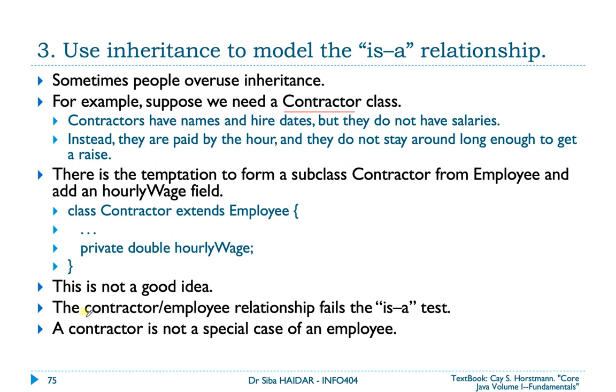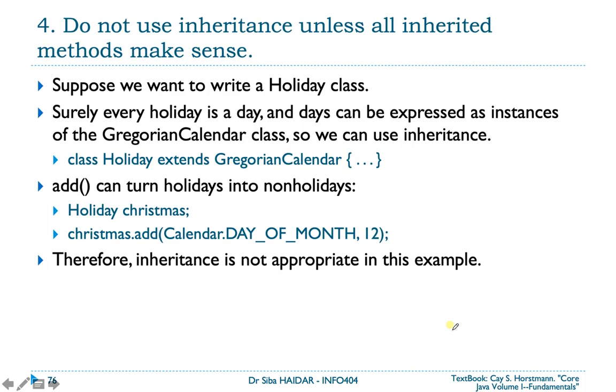The contractor-employee relationship fails the is-a test. If you ask whether a contractor is an employee, the answer is false. A contractor is not an employee. So you must remember this rule before being tempted to extend a class. A contractor is not a special case of an employee.